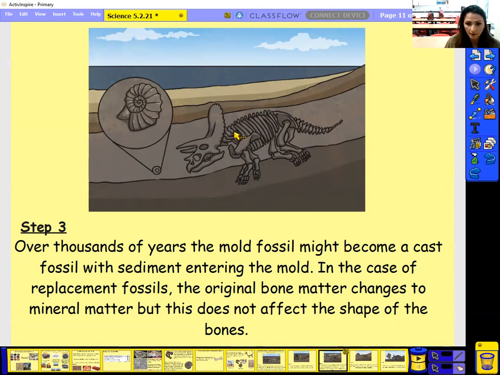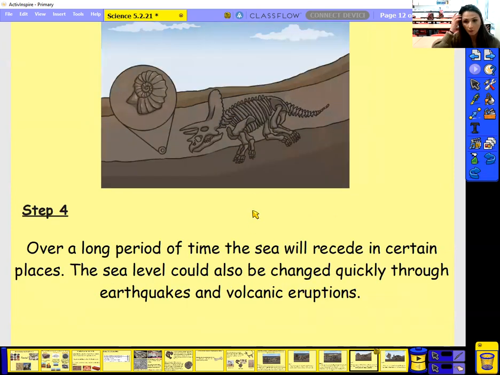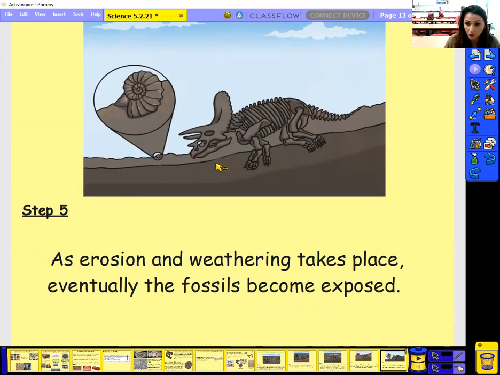Which then leaves us with this fossil. Then over millions of years, depending on where the animal died, the sea level could change, or volcanic eruptions or earthquakes could happen, and then we are left with our fossil. And then this could be down to erosion or weathering or someone looking for fossils. That's when we can find fossils of extinct animals like dinosaurs. So that is a quick whistle-stop tour of fossilization.